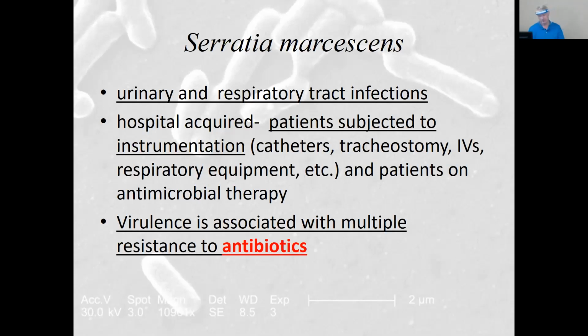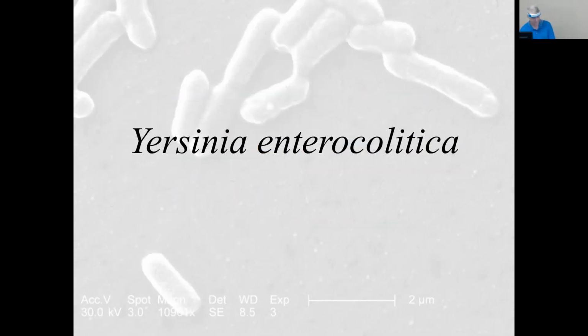Antibiotics given over time may set up Serratia marcescens to be resistant and more virulent, and we're not going to be able to take care of it quickly. But look at the things it could be introduced with: catheter, IV, and the patient that's on antimicrobial therapy. There's a lot on this, right? Has anybody counted them up so far? What are we up to? Don't know. A lot.